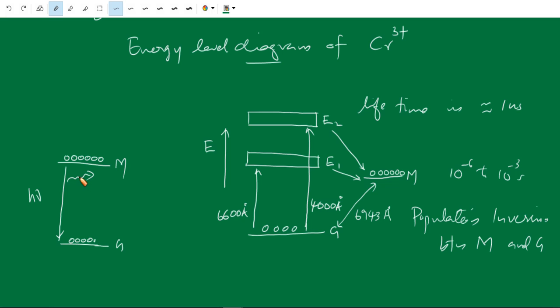Therefore further photons are emitted by stimulated emission. So the stimulated emission is initiated by a spontaneously emitted photon.